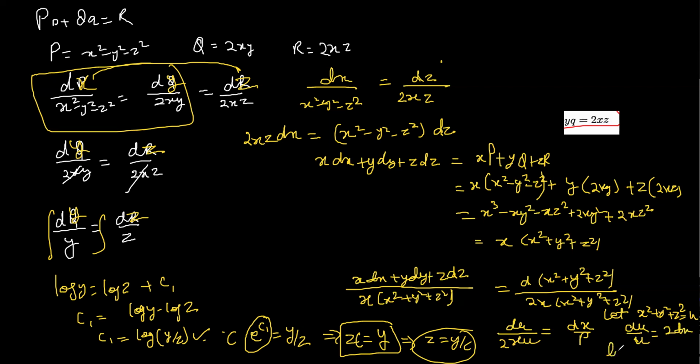When you integrate, you will get log u equals 2 ln x plus c. So u becomes c x square, right? This is quite lengthy.